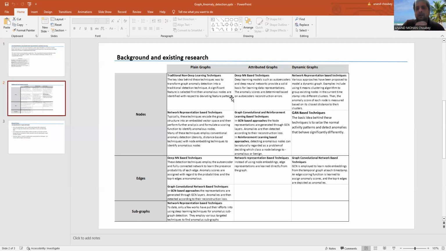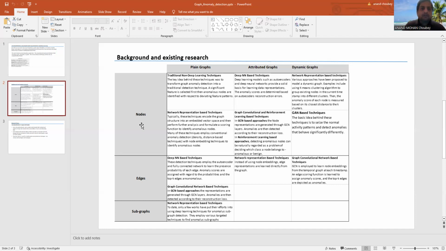But for new and very odd, anomalous data points, the reconstruction error would be high because they occur rarely. Based on reconstruction error, we can come up with a scoring method to score the nodes, and then select the top K nodes as my anomalous nodes. Similarly, GCN-based, reinforcement learning, GAN, and other approaches have been used, which I have summarized here.